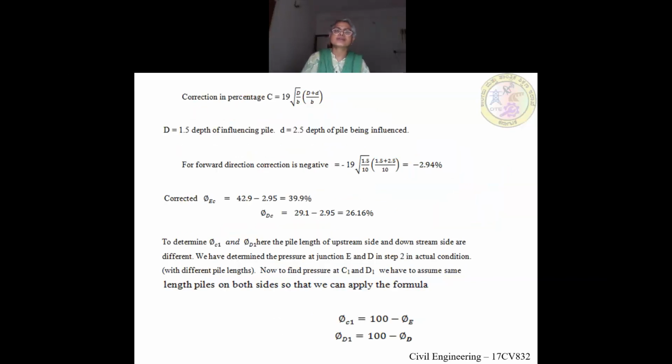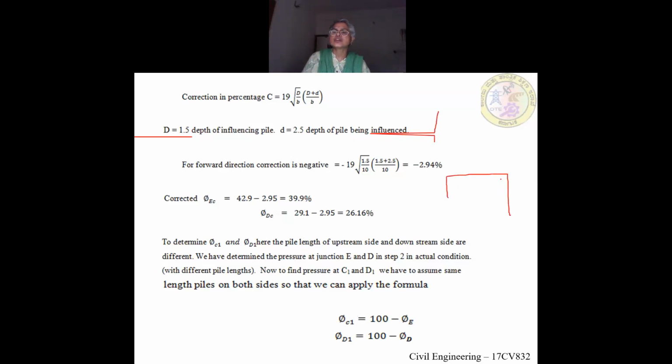So we know the formula, that is C is equal to 19 root of D divided by B into (D plus D) by B. Here capital D is the depth of the influencing pile.